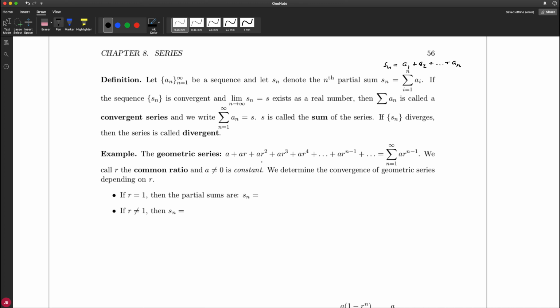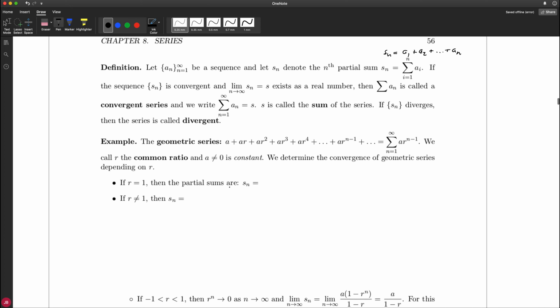So you notice that S_n is a plus dot dot dot a times r to the n minus 1. It seems like the power of r is trailing behind the index of the partial sum by 1, correct? The first 5 added together, these 5 right here, form S_5, and so forth.